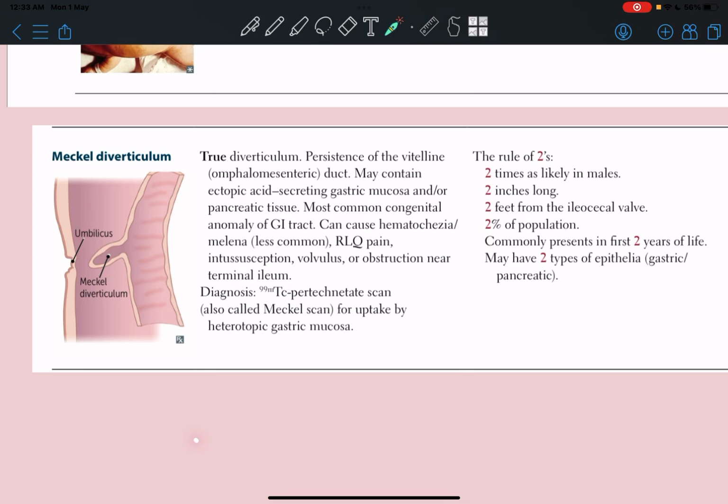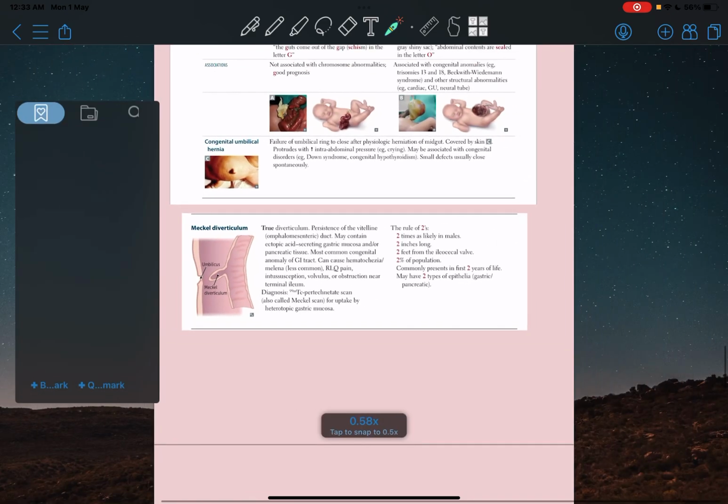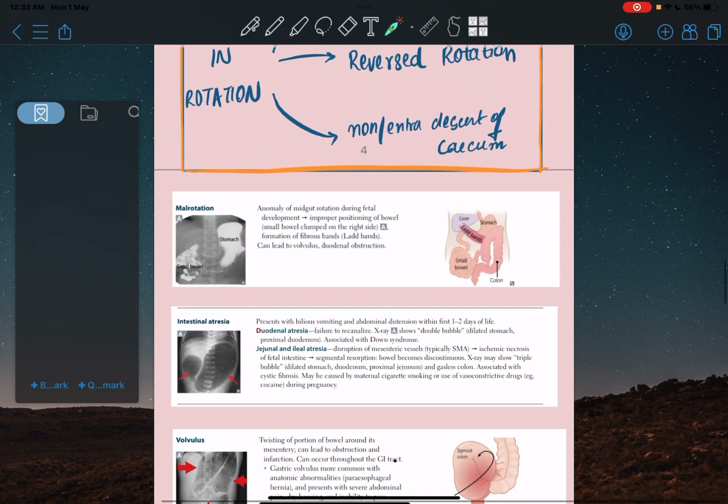You can either have a urachal cyst, etc., etc. And Meckel's diverticulum in itself is a very important anomaly. So again, I'm going to make a separate video on that, but just mentioning it here so you know it's related to midgut anomaly. So that's all for this video.